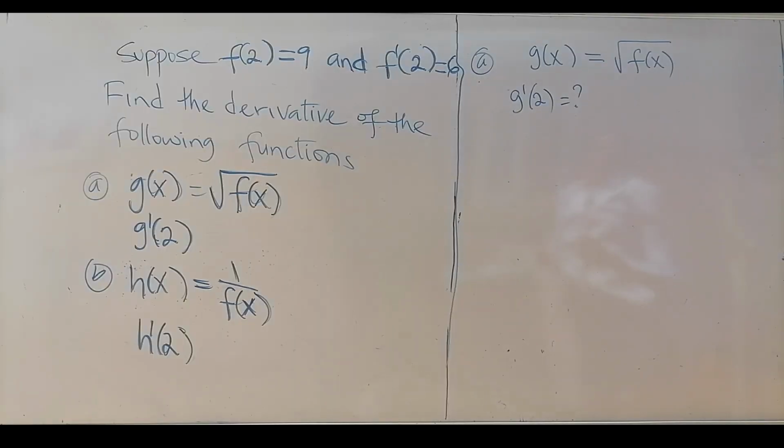If you look at this function, this calls for the chain rule. We can write g of x by removing this radical, and that will give you f of x to the power of 1 over 2.